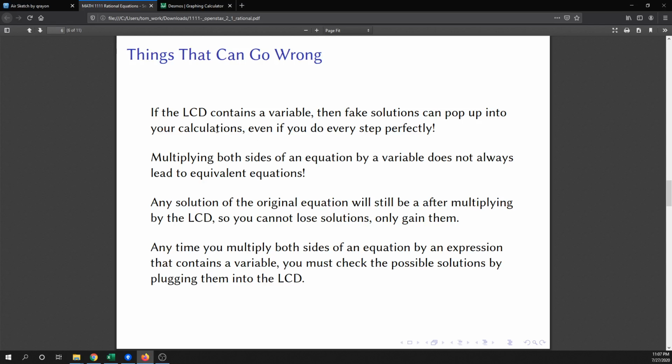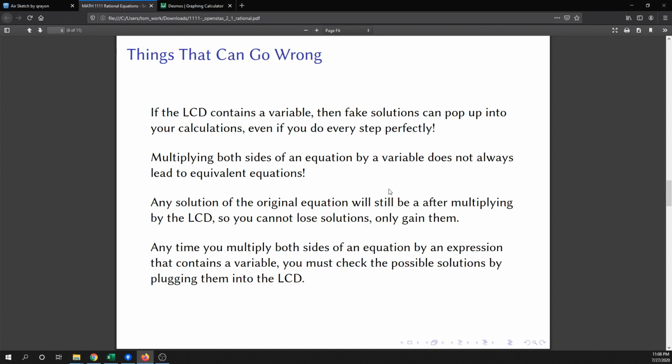And if your LCD contains a variable, then you don't really know if that violates the multiplication property or not. Remember, the multiplication property says that you can multiply both sides of an equation by any number you like, except for zero. If you multiply through by zero, that possibly changes the solution set.